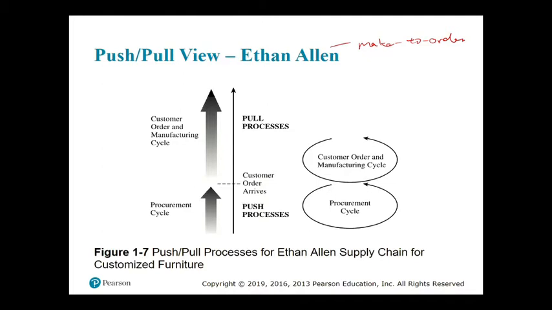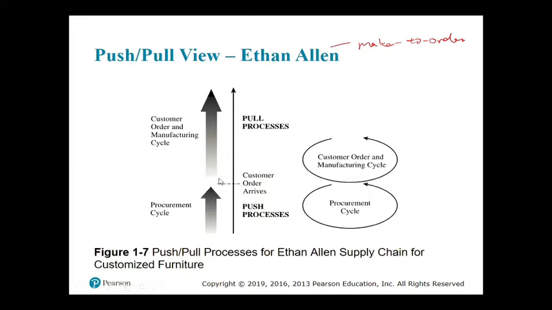The making process, the manufacturer's cycle, is combined with the customer order cycle into part of the pull process. Right, so customer order arrives, initiates the manufacturing cycle.